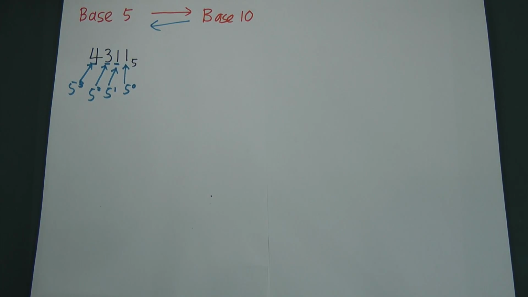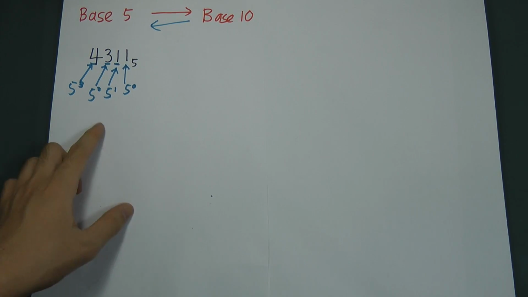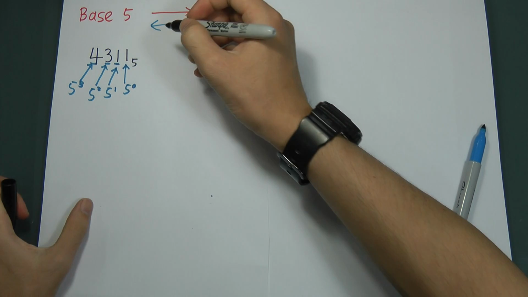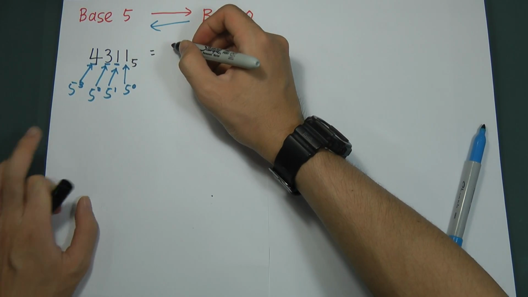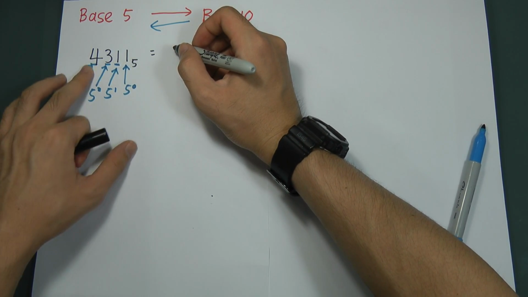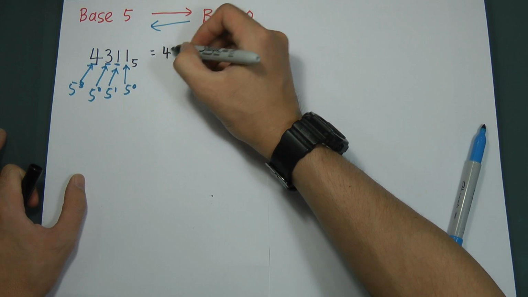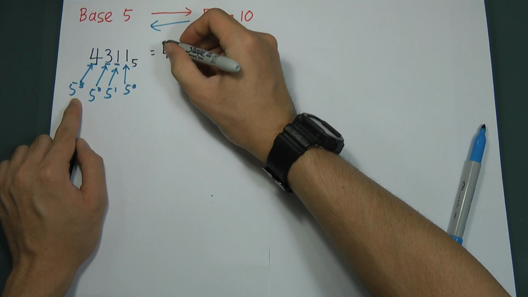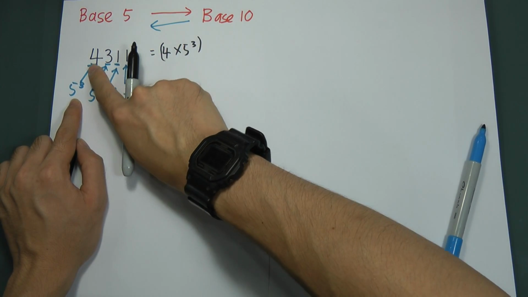Now if you understand this, finding base 10 is very simple. First we know the value for 4 over here is 4 multiplied by 5 power of 3. This is the value of 4.